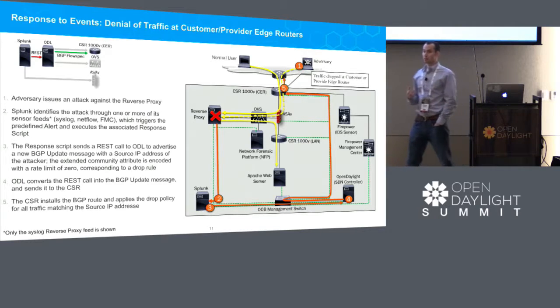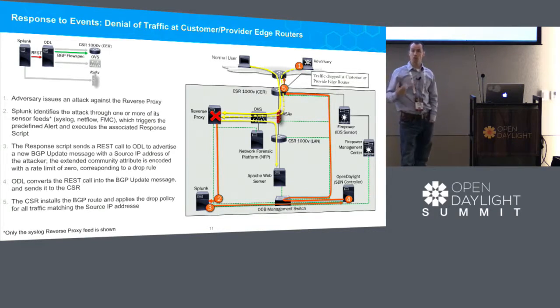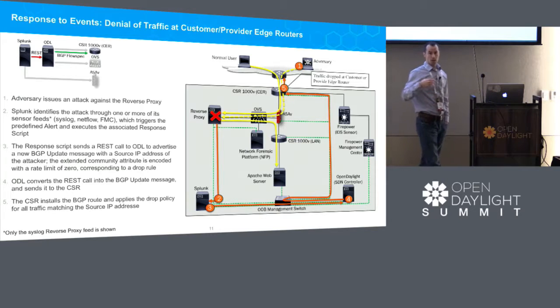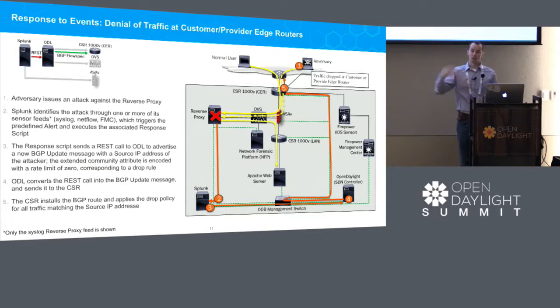And we're using an extended community of a rate limit of 0 to drop traffic. So instead of dropping at our firewall, we're now dropping at the edge router using BGP FlowSpec, and that can also be sent into the service provider network to drop the traffic in that environment if we have too much bandwidth coming and filling up our pipe at the edge.